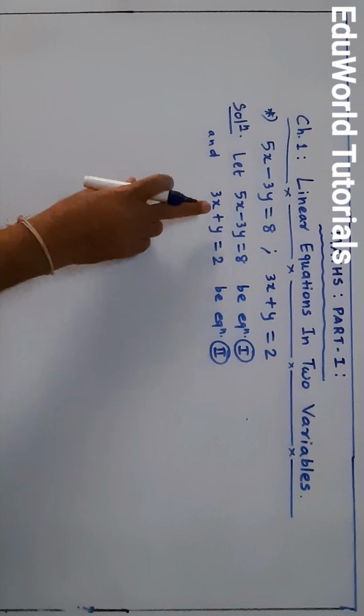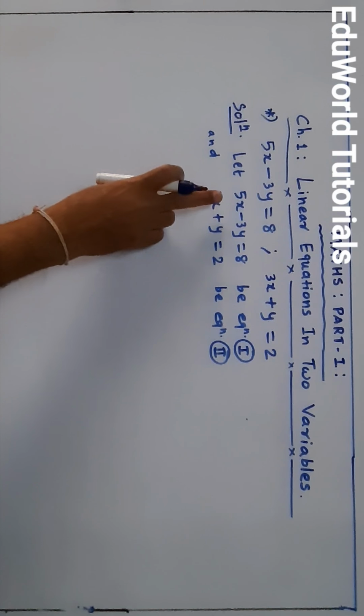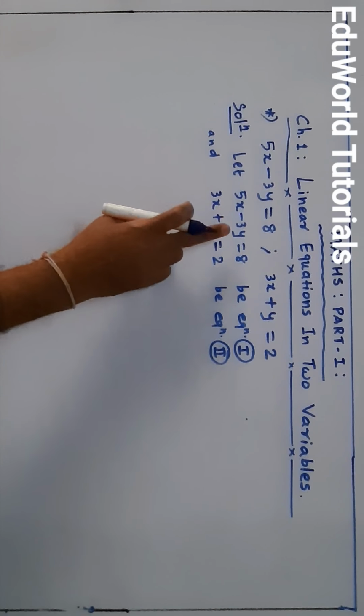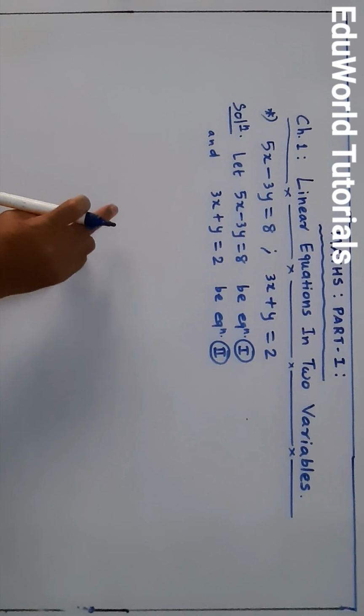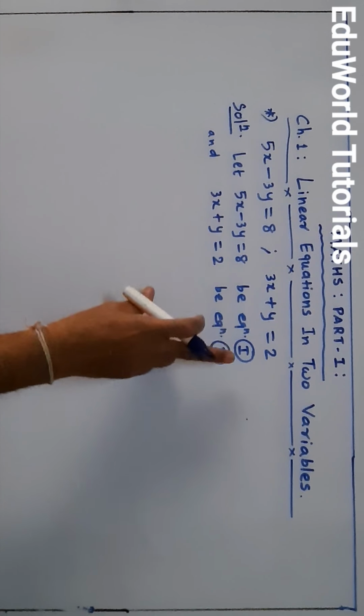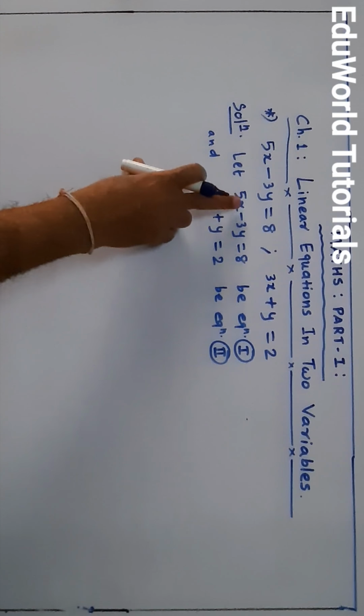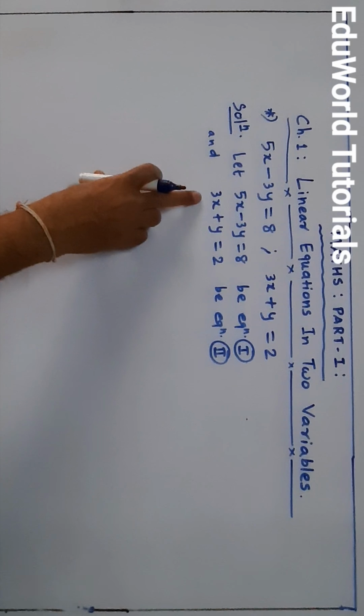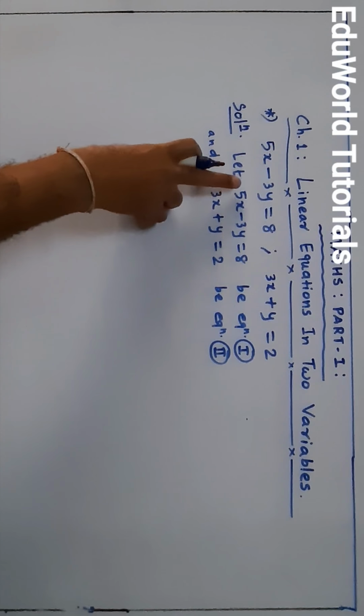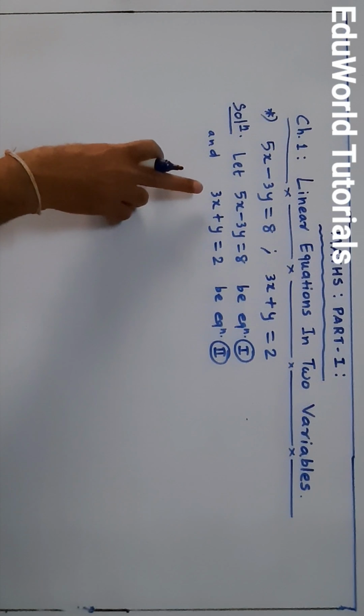But how can we eliminate variables? We can eliminate variables either by adding them or by subtracting them. See, if we add 5x with 3x, we get 8x. So these two x terms do not get cancelled on adding, or even on subtracting, 5x minus 3x is 2x.